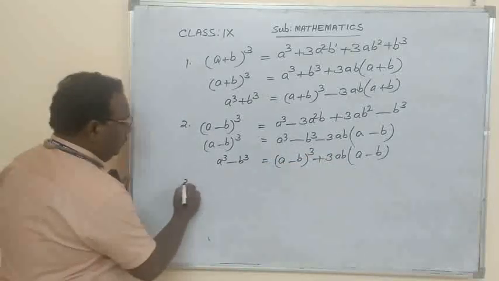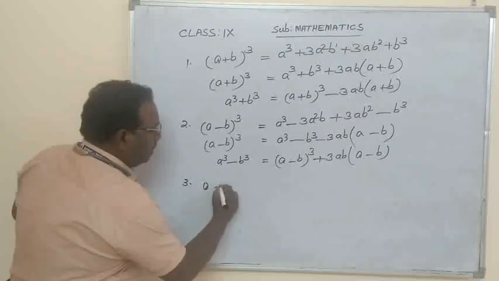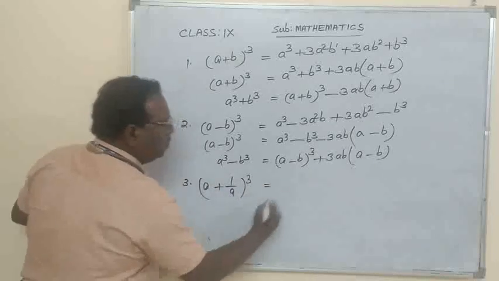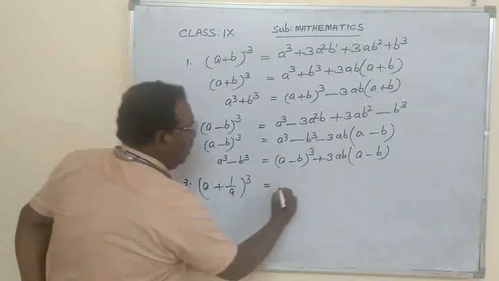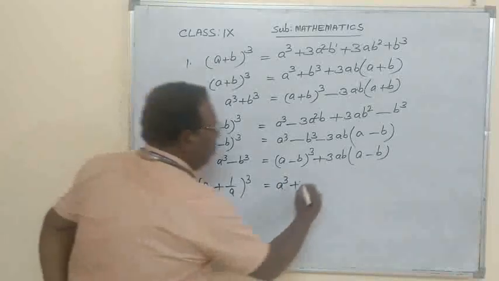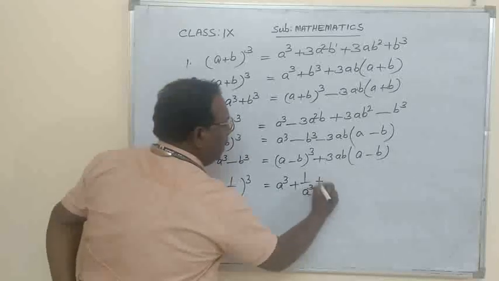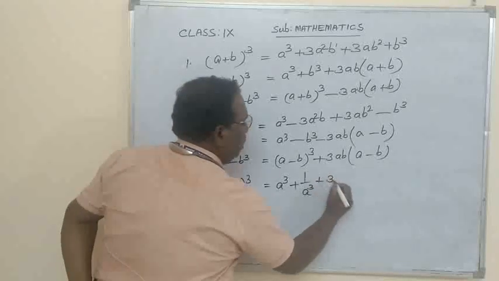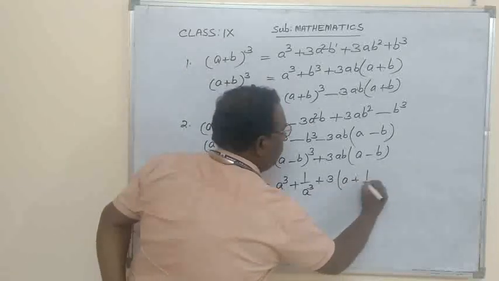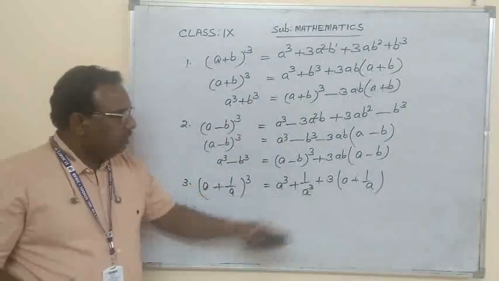And the third formula, (a plus 1 by a) whole cube is equal to a cube plus 1 by a cube plus 3 into (a plus 1 by a). I wrote it directly.